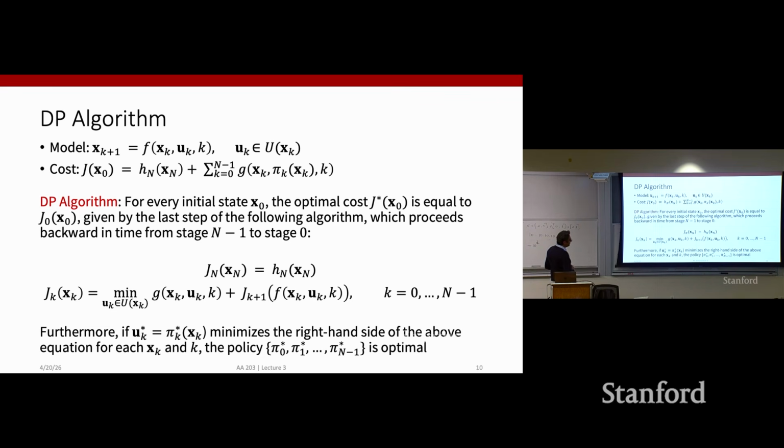Now, if you think about this equation, we derived it somewhat formally by basically stating the problem, stating the principle of optimality, and then just applying it in order to derive this recursion. But if you think about it, it's quite natural.